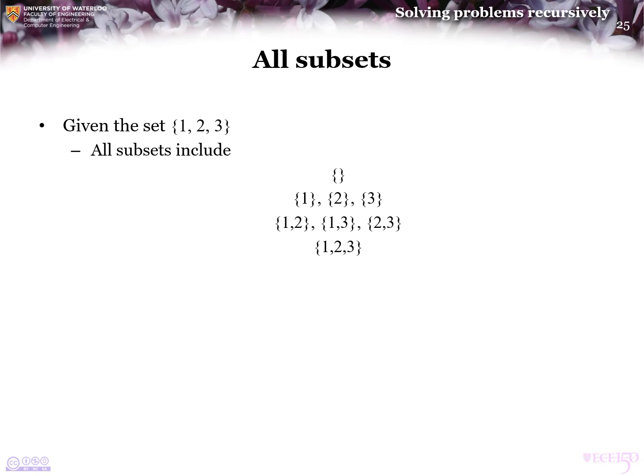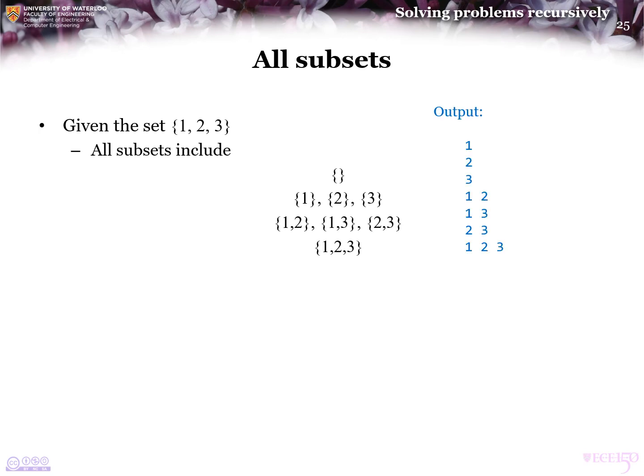So in this case, I have none of them, one of each, 2 different ones, and all 3. As you may recall from secondary school, the number of possibilities for each of these is 3 choose 0, which is equal to 1, 3 choose 1, which is equal to 3, 3 choose 2, which is also equal to 3, and 3 choose 3, which again is equal to 1.